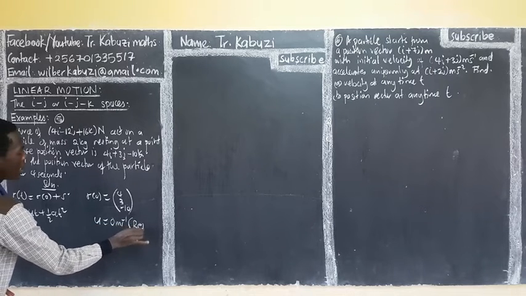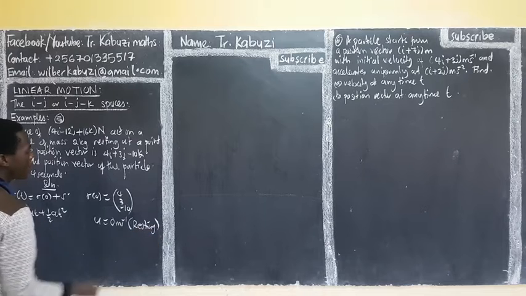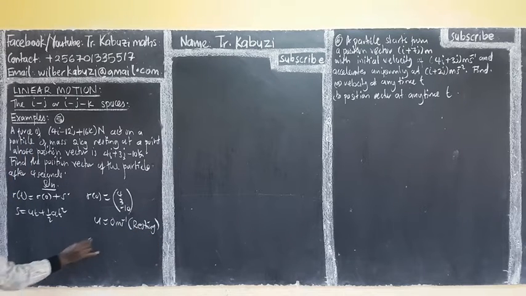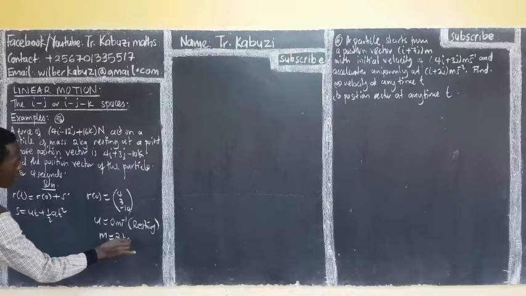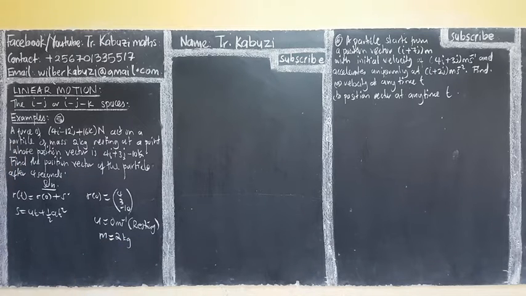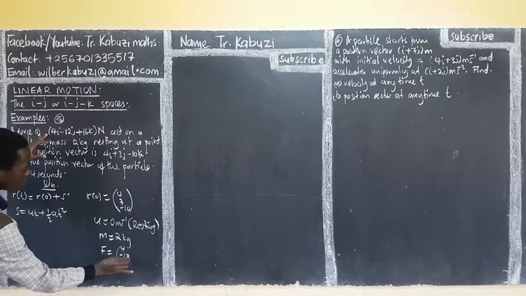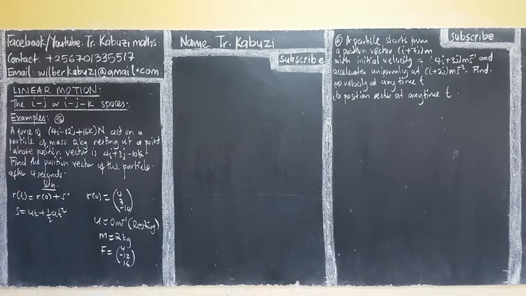Why? The body is resting. Then they are giving us mass, which is 2 kilograms, and a force of (4, -12, 16). Now, start with the acceleration.